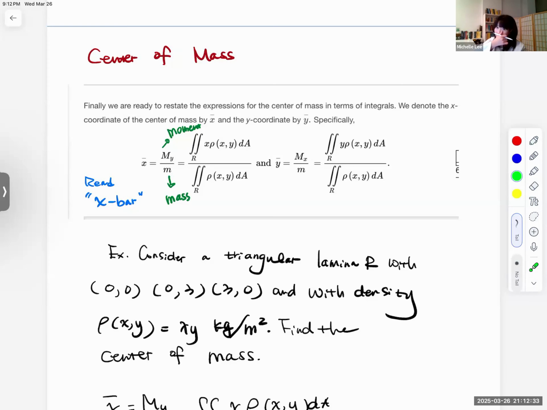So moment about the x-axis. Sorry, moment about the y-axis. We are using it because in the formula we have x there, right?